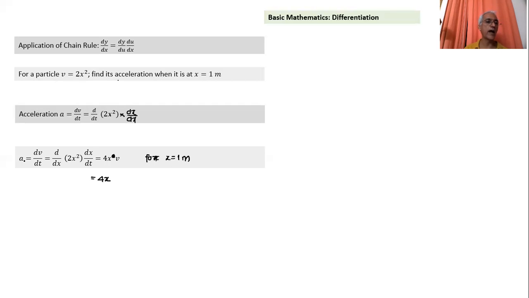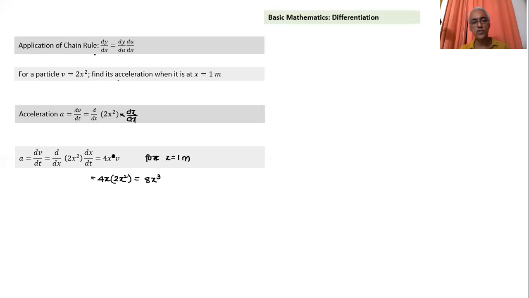If I want acceleration as a function of position, I'll substitute velocity also in terms of position. In place of velocity, I'll write 2x squared. So this would have become 8x cubed. That's the acceleration. So when x is equal to 1 meter, it will be 8 meter per second squared. Or I could have substituted directly here. There are a number of ways you can solve it.